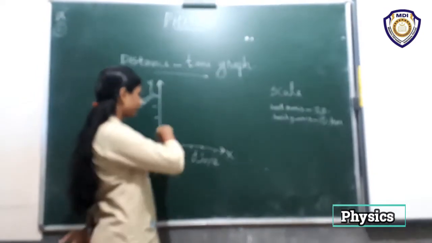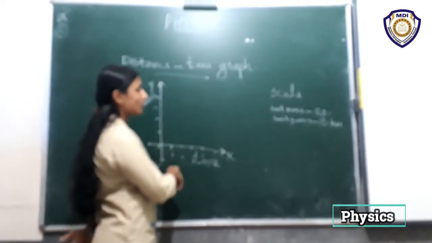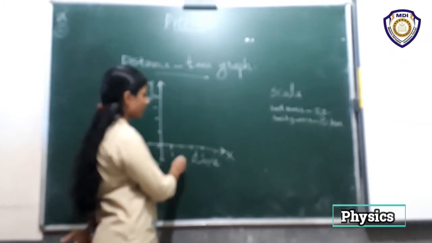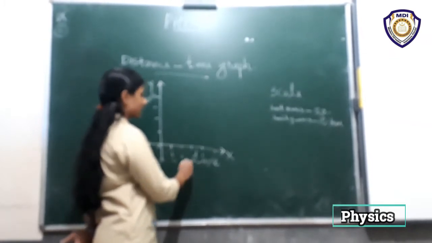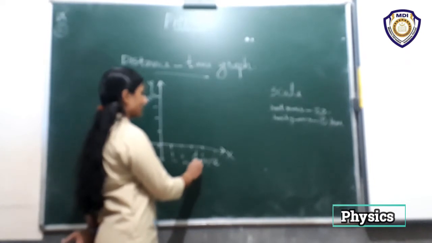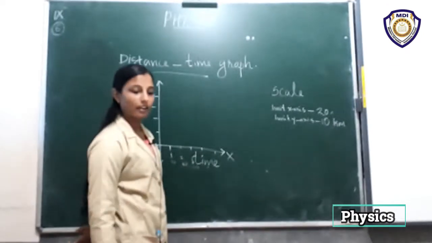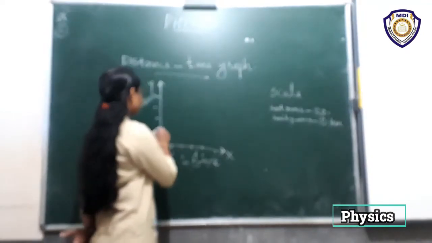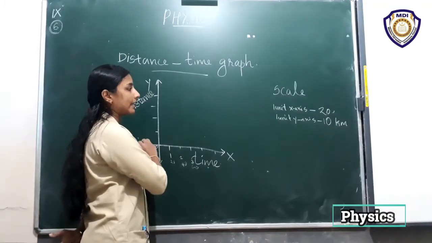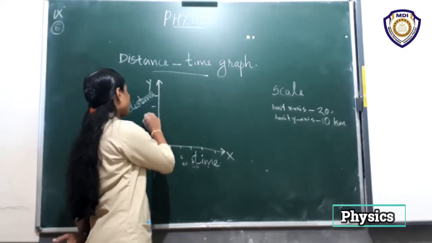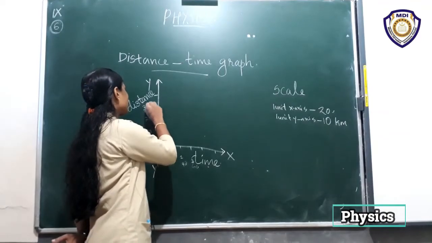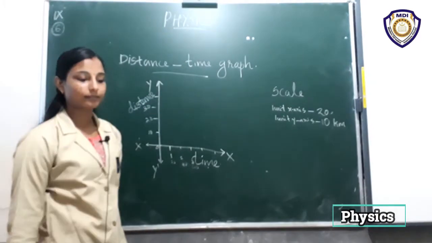So here 1 unit of x-axis is 20 seconds, then 40 seconds and 60 seconds, etc. And 1 unit of y-axis tells 10 kilometer, 20 kilometers, 30 kilometers, like that.